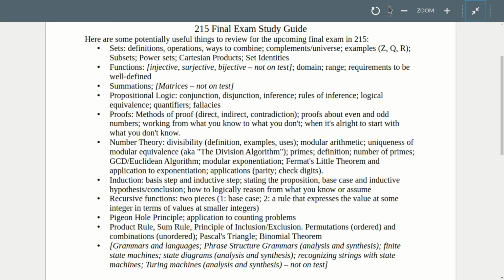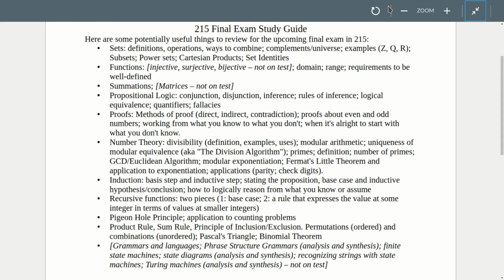And so we can do proofs, which are really big, long strings of inferences. Prove that if x is an even number, then x squared is even. I mean, that's an if-then statement, right?